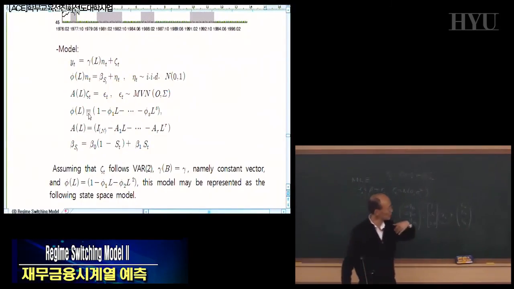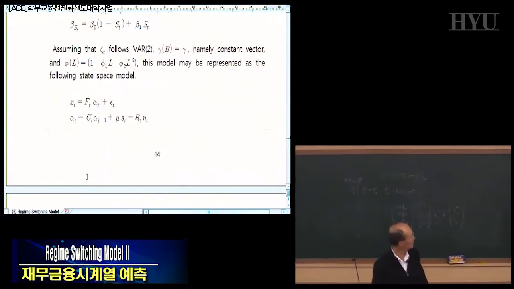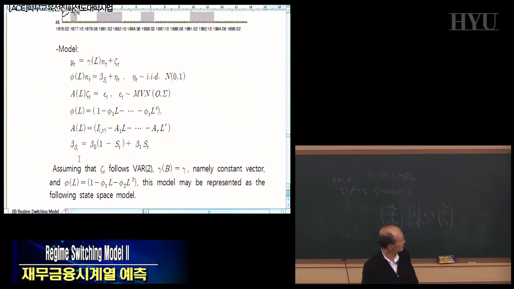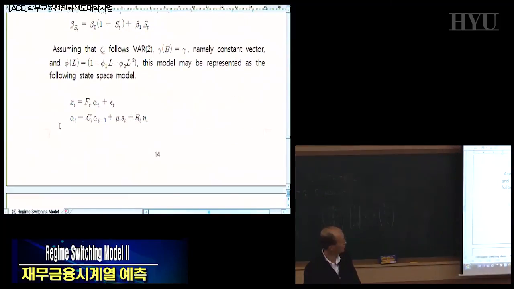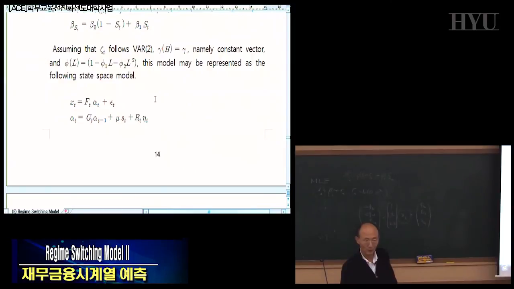When we actually estimate that kind of model, you cast this sequence of equations into this framework. But now you understand this framework, right? This is the measurement equation, so this part corresponds to this one.